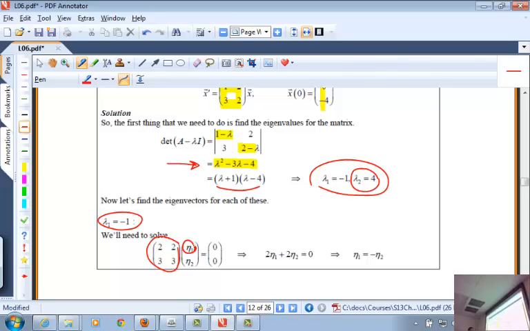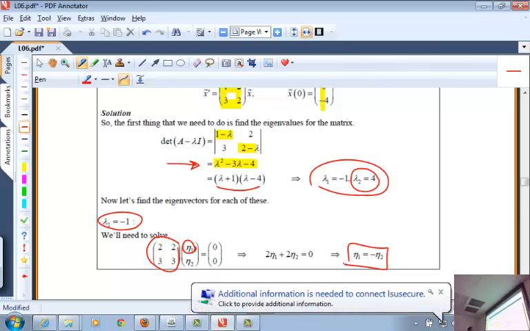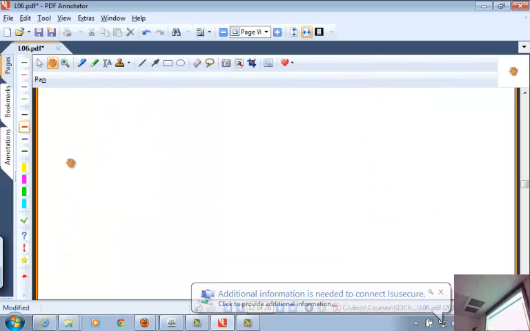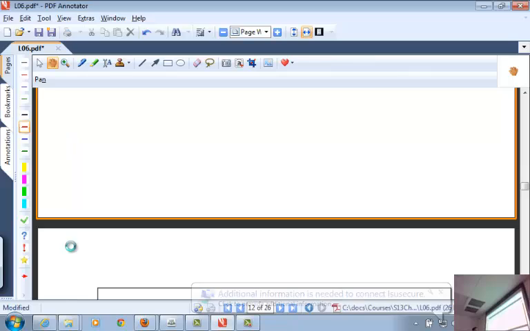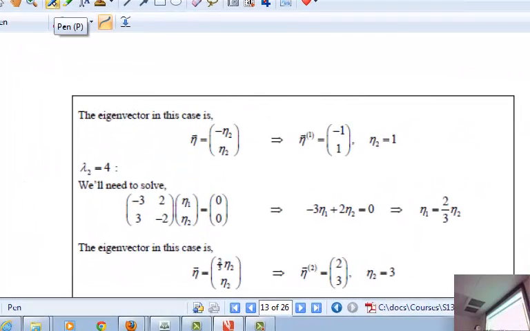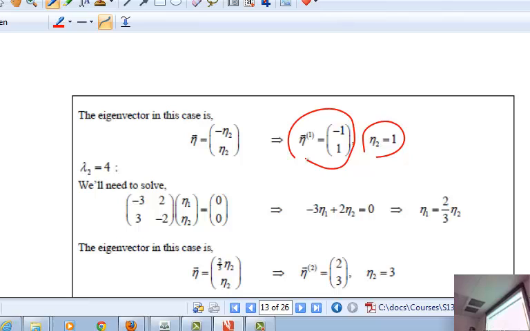Okay, so he simplifies this equation. That's a relationship between the two components of the vector, and then you pick one of them arbitrarily. So here, you pick lambda 2 to be equal to 1 arbitrarily, and then you have the direction of the first eigenvector, minus 1, 1.